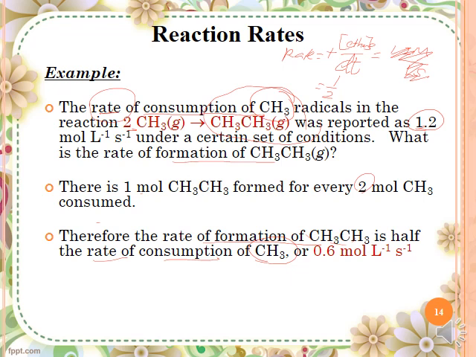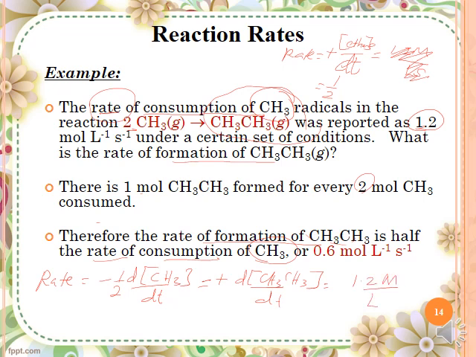So we write it again. The rate here is equivalent to negative 1 over 2 d CH3 over dt, also equivalent to positive d CH3CH3 over dt, and this value is 1.2 molar per liter per second, referring to the rate of consumption of methyl. Because of the stoichiometric value here, this is also half.